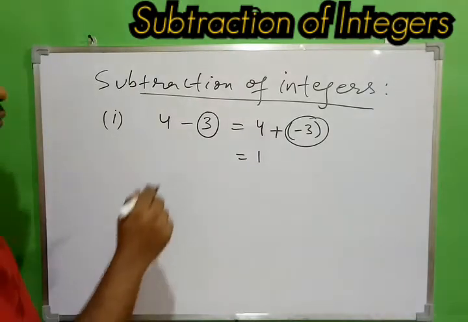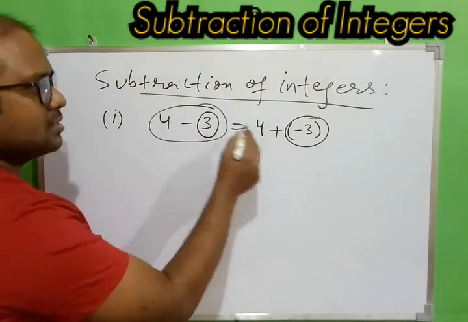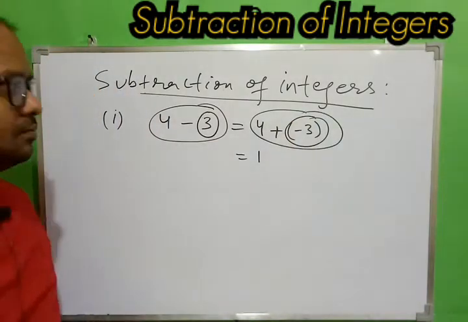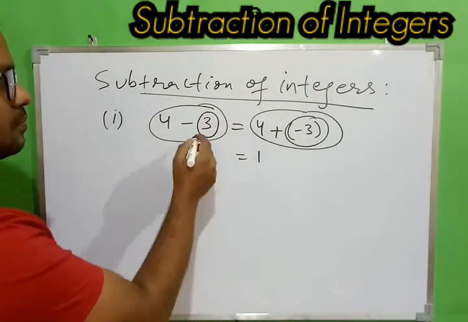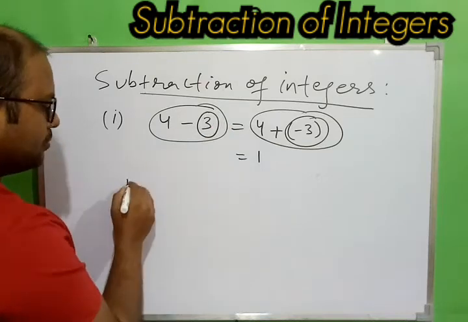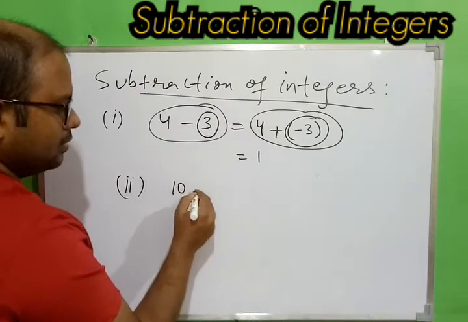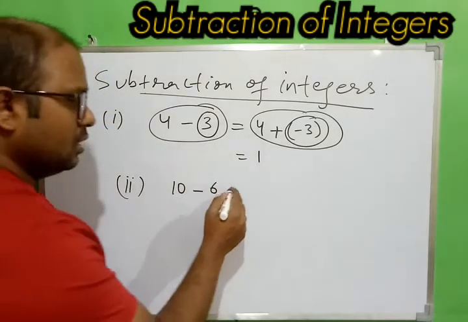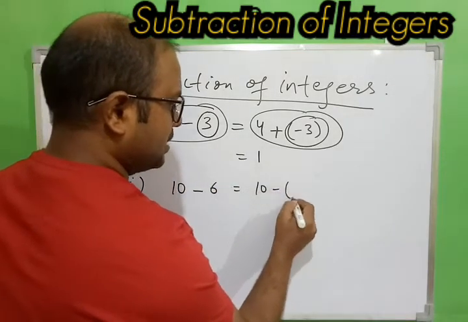So in general, subtraction is nothing but the addition of the additive inverse. Simple. So we understood here it is plus 3. Another example we can take is 10 minus 6. This can also be written as 10 plus minus 6.